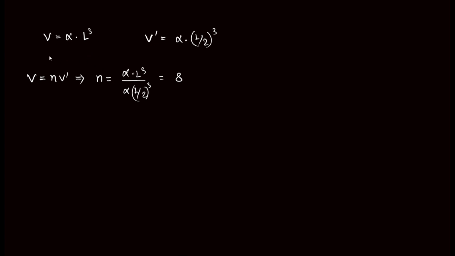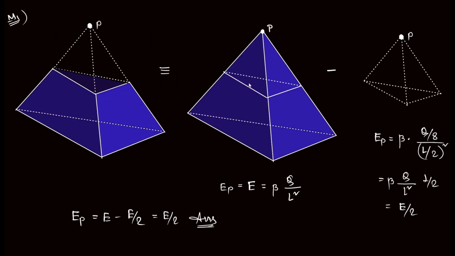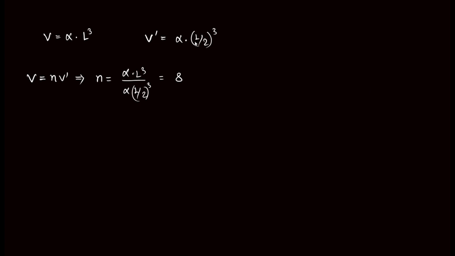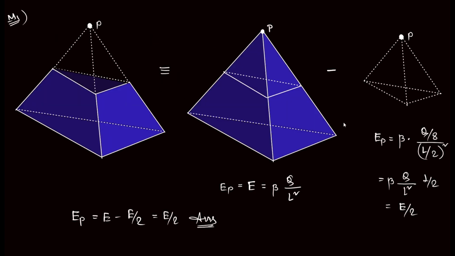I have assumed that it will be some constant alpha times length cube. That will be the formula for this bigger tetrahedron. And the formula for this smaller tetrahedron will also be the same, alpha times L upon 2 cube. Now we have to see whether there is an integer number for their volume ratio, I mean if this volume consists of such parts.